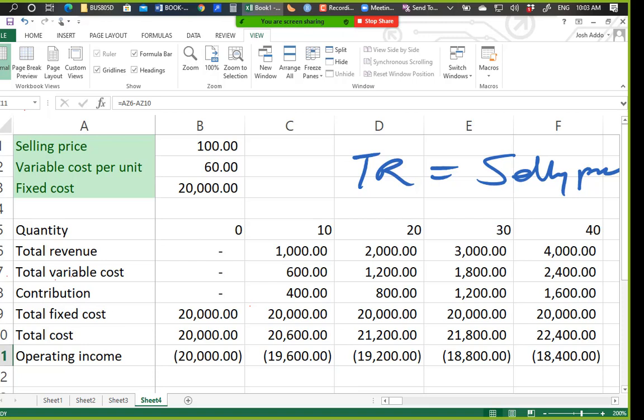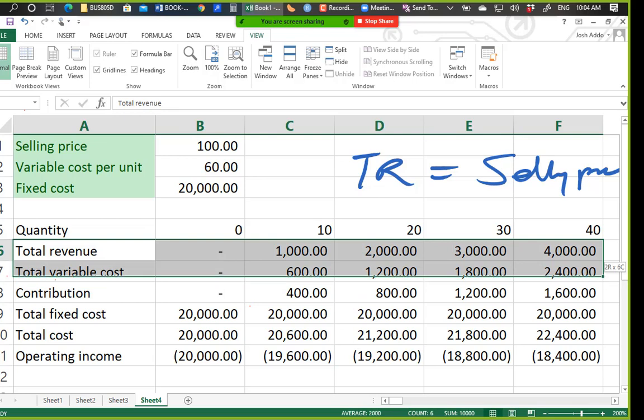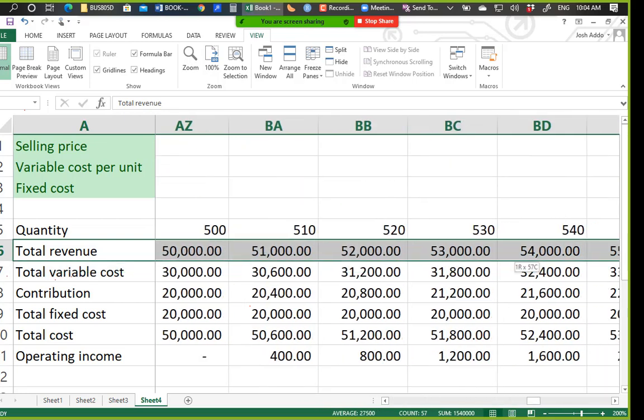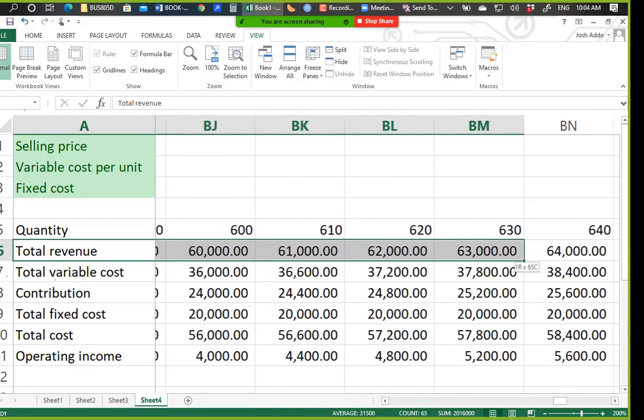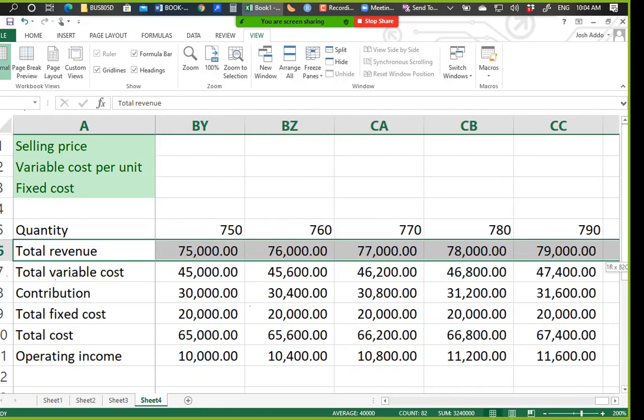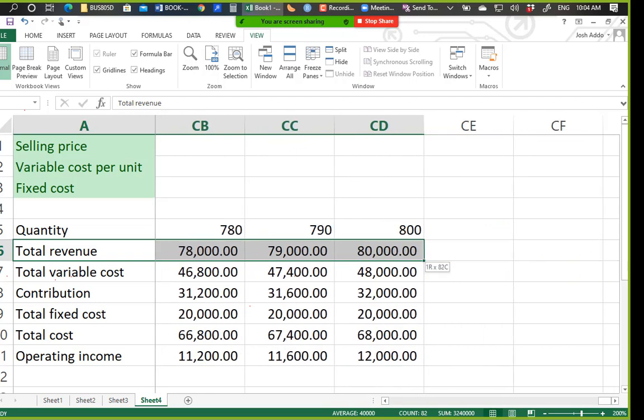Maybe at the beginning, I want to see my total revenue and my total cost, how they compare in terms of charts. So I'll select the total revenue line. Okay, I did up to 800.